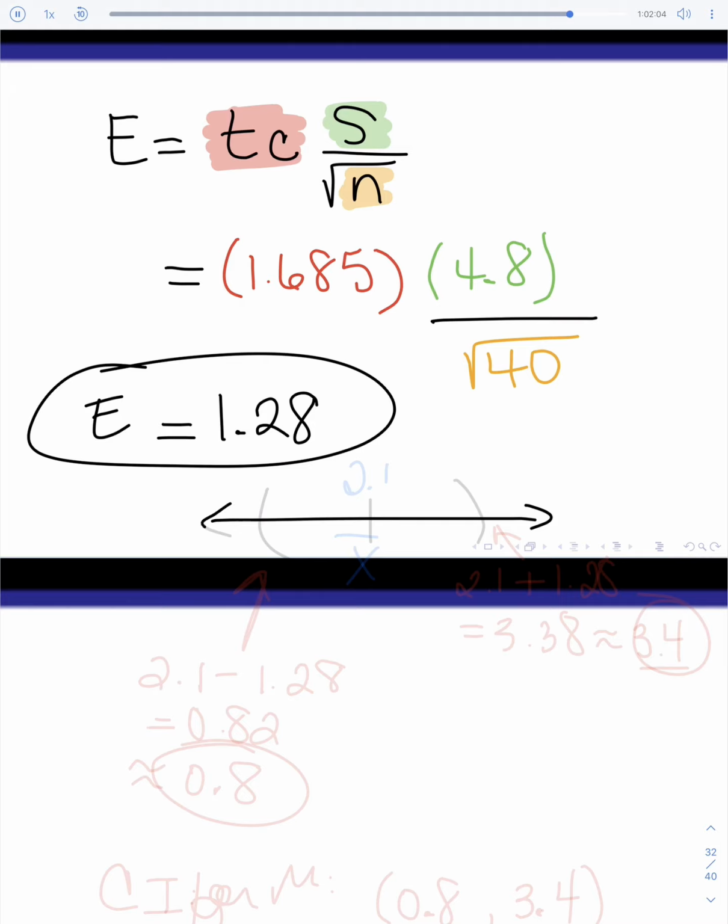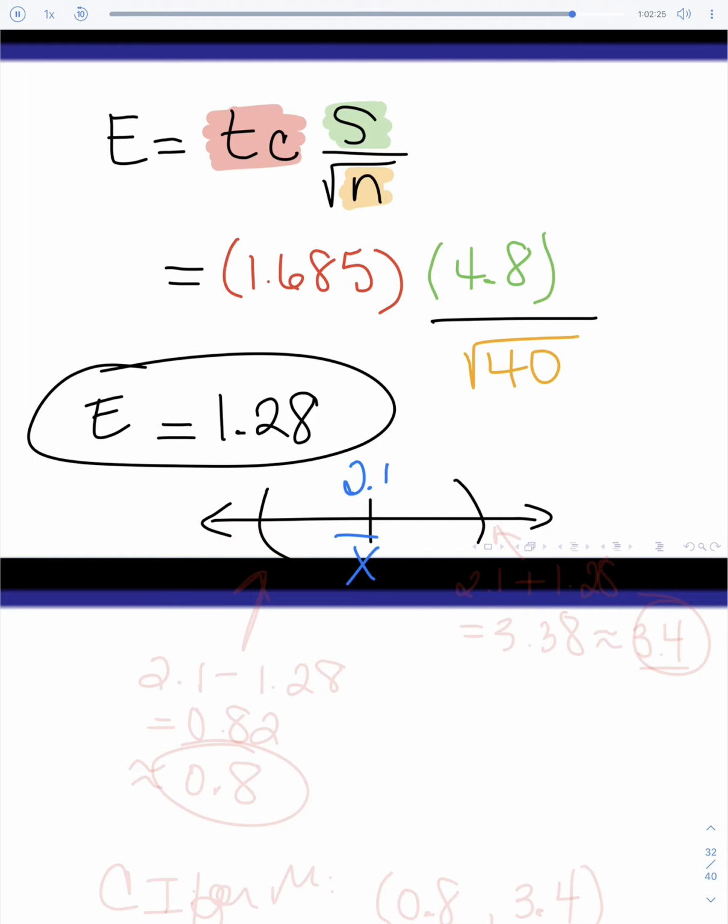How would you come up with your confidence interval? Remember, your confidence interval is two-sided with your mean in the middle, and your mean for this one, going back to the original problem, was 2.1.